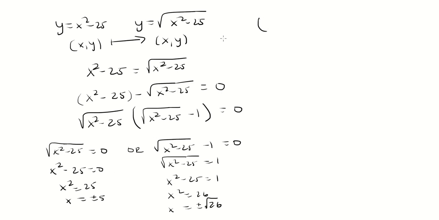First one here is plus or minus 5. If I plug plus or minus 5 back into the original, well, either the original or the transformed, I end up with 0, because let's say I choose to plug it into this one. The square root of x squared minus 25 will equal 0. So that's going to be plus or minus 5 comma 0.